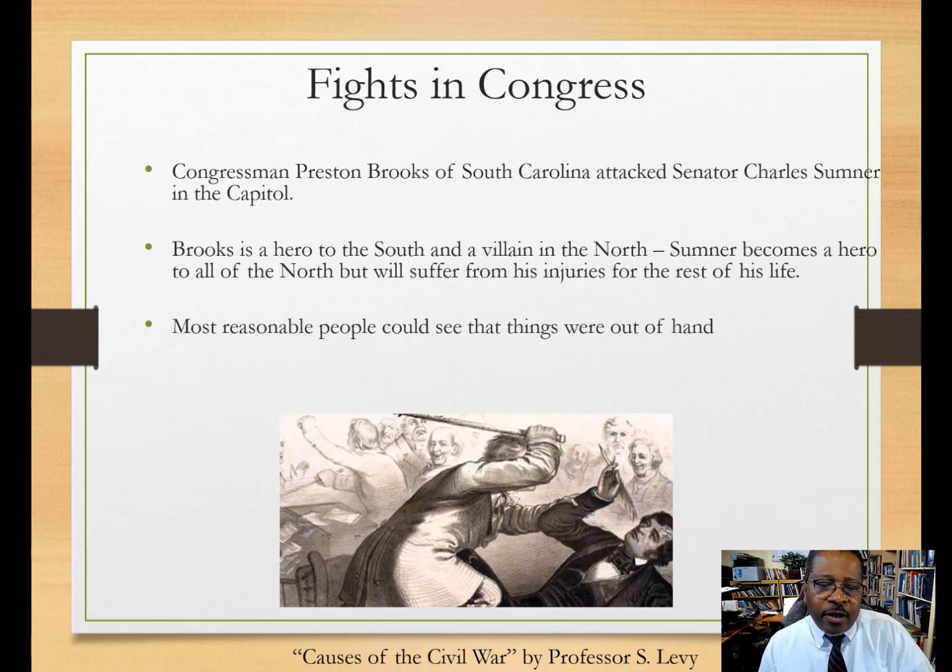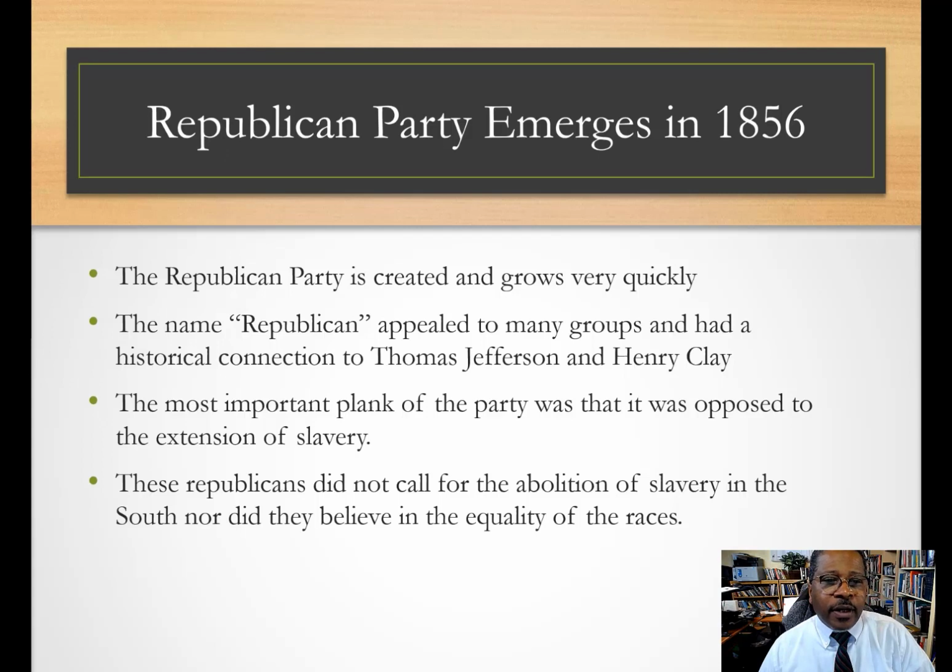After this, congressmen and senators would wear little Derringer pistols and daggers just in case a fight broke out in Congress. And so you see all of our political institutions breaking down: the Supreme Court, Congress, within the states, and we're getting closer and closer to war.